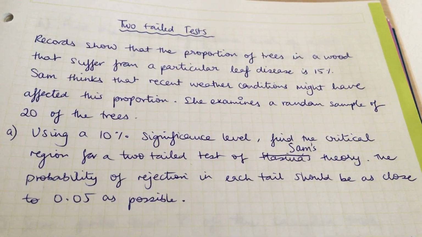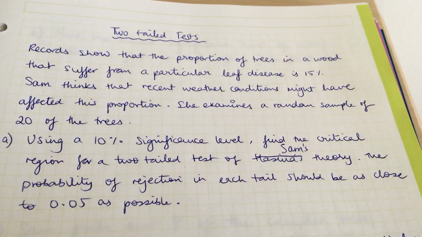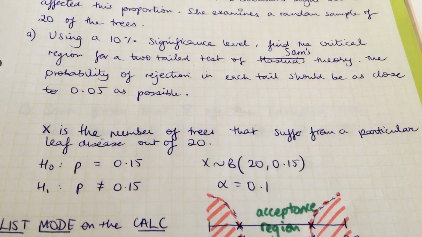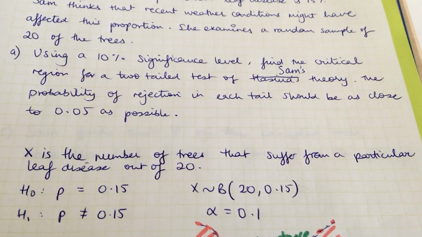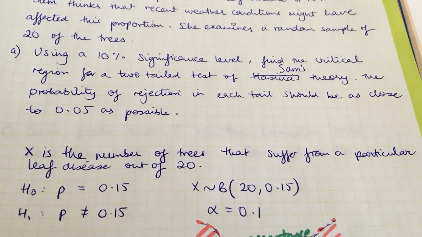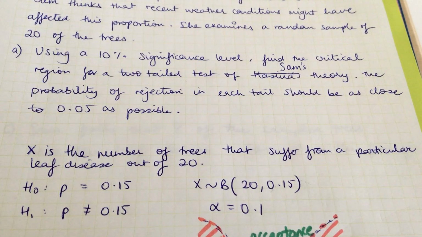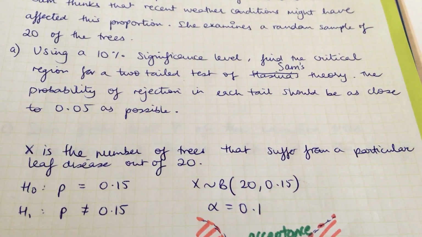The first thing to do in any hypothesis testing is to write down your variable and write down your hypotheses. So if we go here, X is the number of trees that suffer from a particular leaf disease out of 20. The null hypothesis, the probability that we know of the norm is that 15% of the trees have this particular leaf disease.